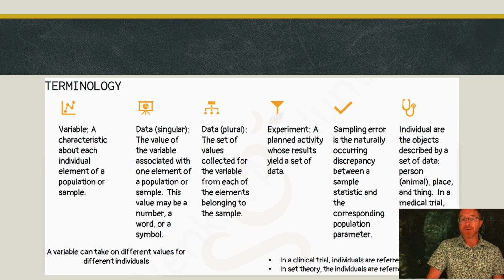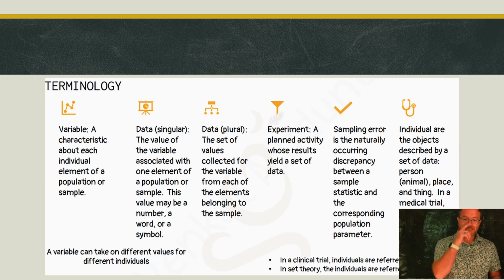Well, a datum, a single data point, would be, for example, if we're looking at GPA, if I have a sample of 300 USF students, a datum would be the GPA of a single student. The plural, the data, would be the GPAs of all the students in that sample, or some subset, something like that. So it is the outcome of a particular variable from a sample or a population.